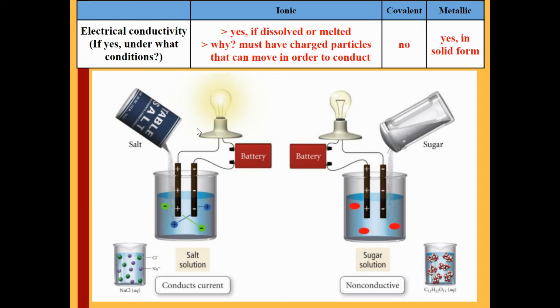We have to have them dissolved or melted. Another word for melted would be molten. Sometimes we talk about molten lava, and that's melted rock. Covalent compounds will not be conductive in solution. They do not have any charged parts. But metals are good conductors of electricity because those electrons can freely move around.